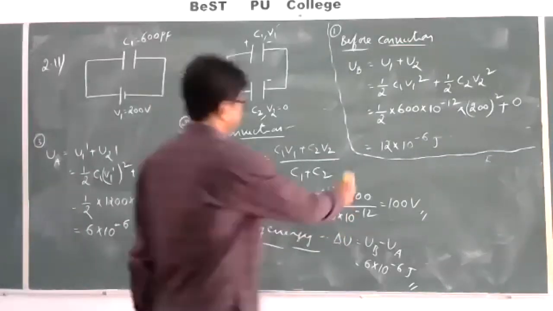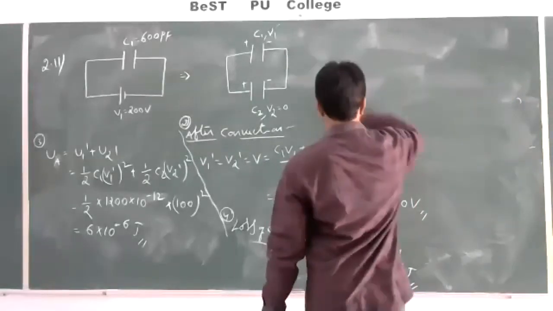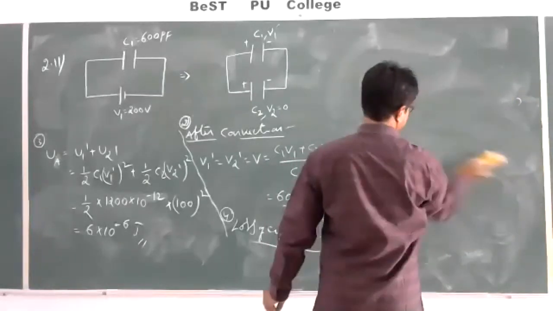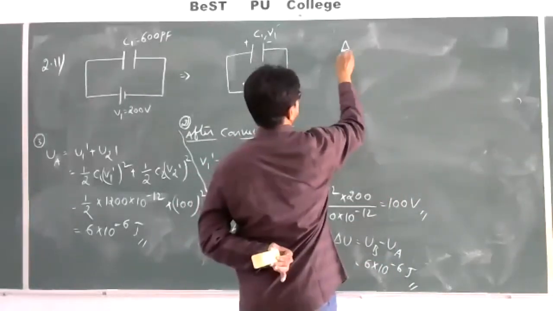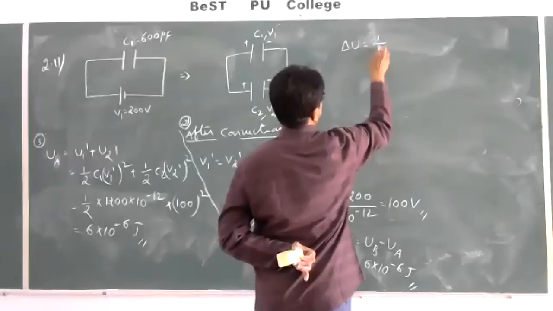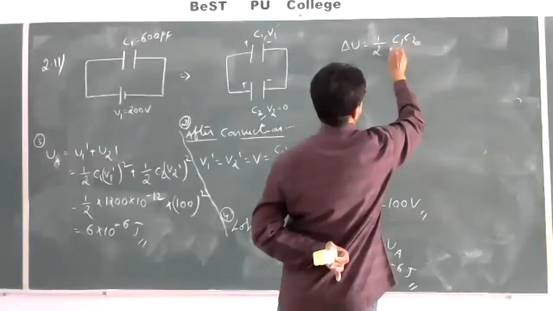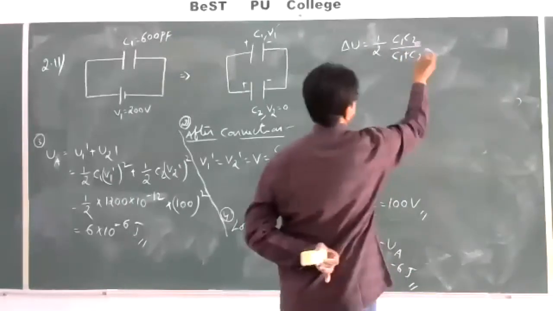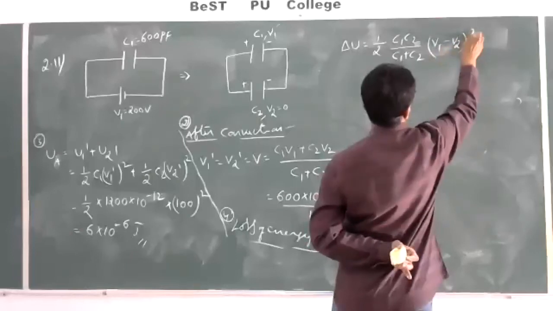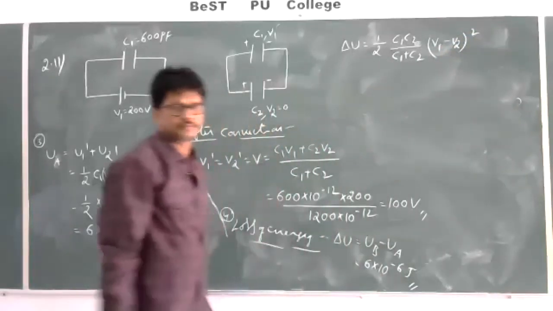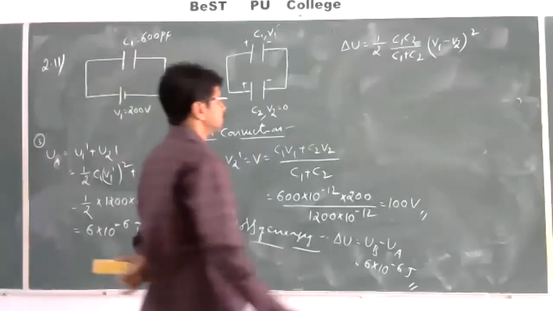What is that formula? Loss of energy is equal to half C1 C2 by C1 plus C2 into V1 minus V2 whole square. I derived that formula in our previous classes.